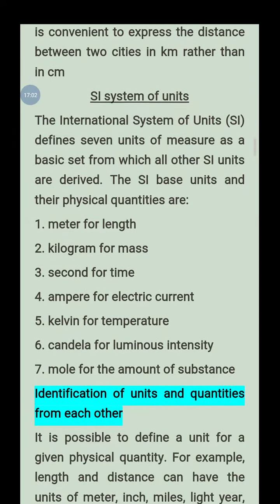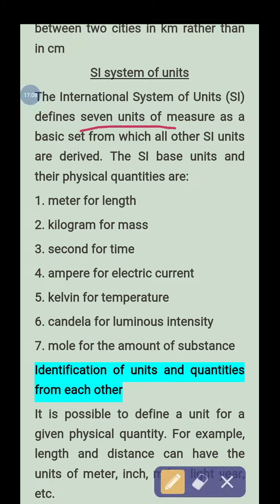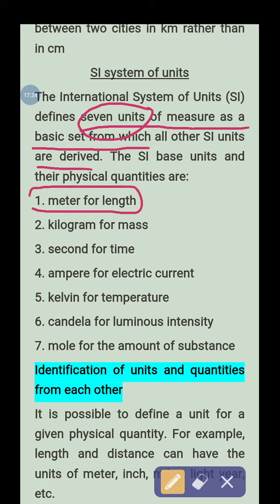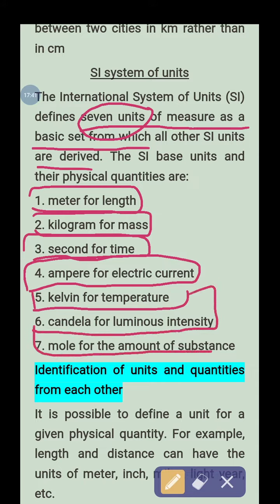To be taken as a standard system of units, the International System of Units defines 7 units of measure as a basic set, from which all other SI units are derived. The SI base units and their physical quantities are: meter for length, kilogram for mass, second for time, ampere for electric current, kelvin for temperature, candela for luminous intensity, and the mole for amount of substance.